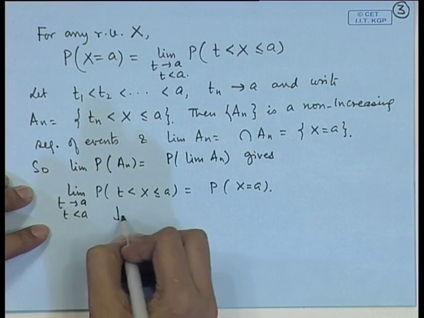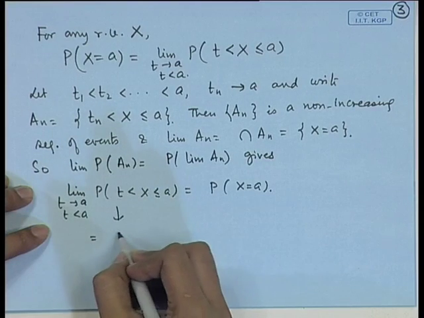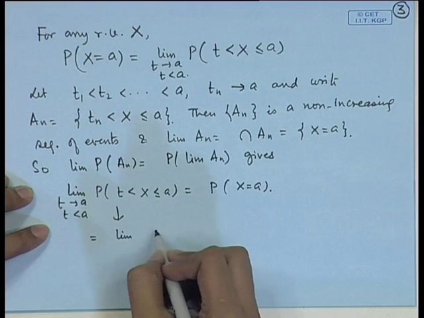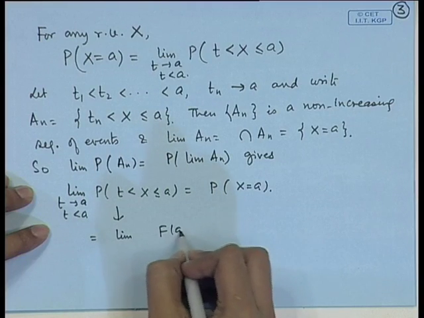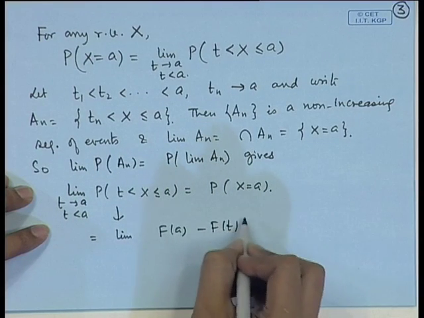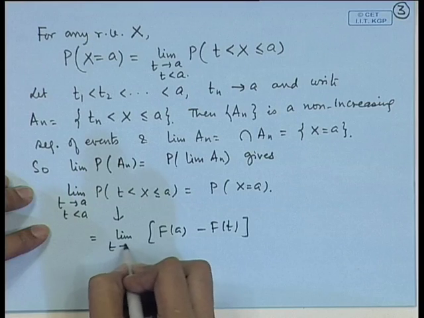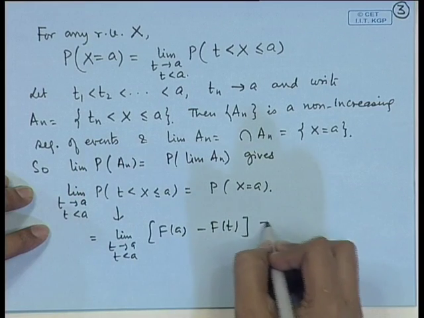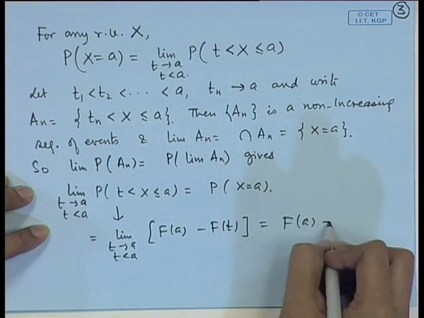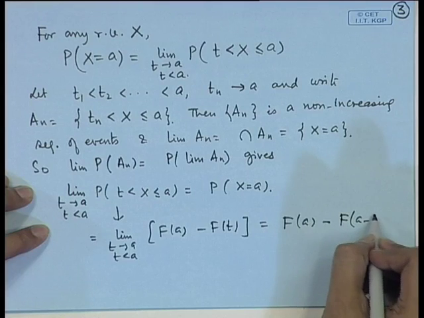Now, this is actually equal to the limit of F(a) minus F(t) where t tends to a, t less than a, which is exactly equal to F(a) minus the left hand limit at a.